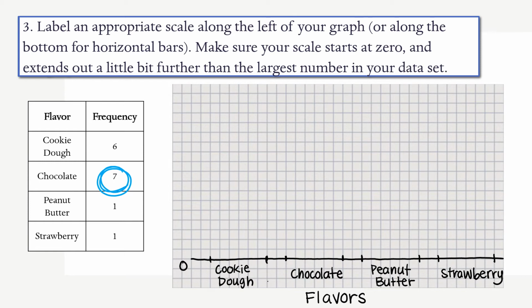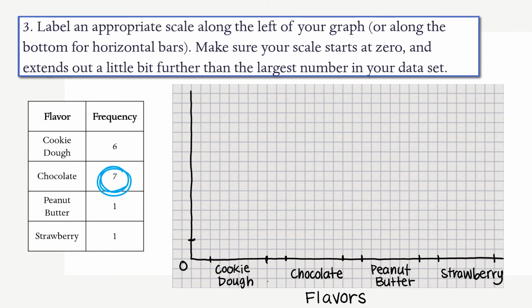So let's draw our vertical bar. And then we want to make sure this goes up to 8. Since 8 is a relatively small number, we can probably count by 1s or by 2s. I'm going to make a dash every 2 boxes.